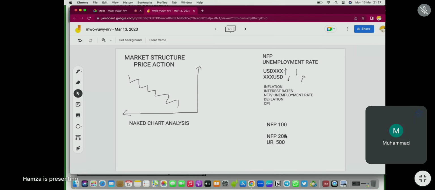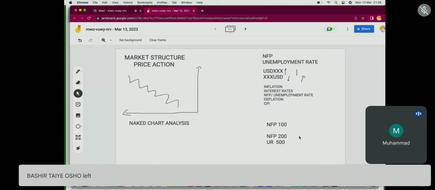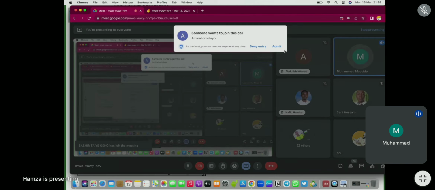If the NFP print of January was 100 and the NFP print of February was 200, how can we classify the NFP print of February? Is it positive or negative? It's positive, sir, because it is higher than that of the previous month.